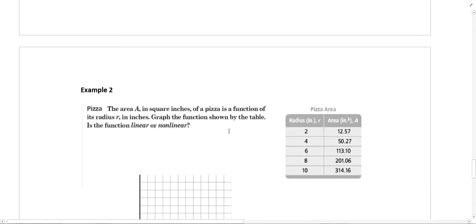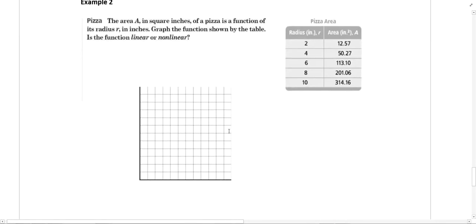All right, let's look at example 2. Pizza. The area A in square inches of a pizza is a function of its radius r in inches. Okay, so graph the function shown by the table. Is the function linear or nonlinear? Okay, so we've got different variables this time.